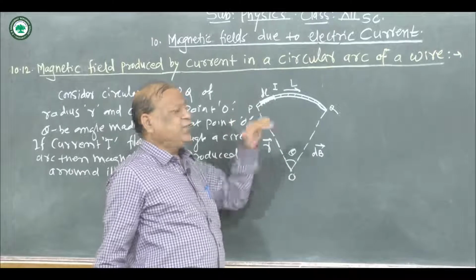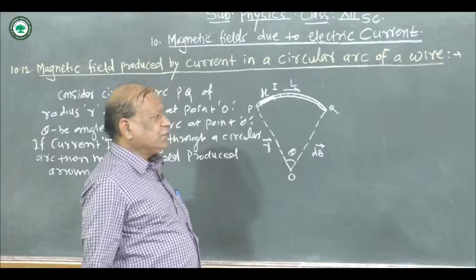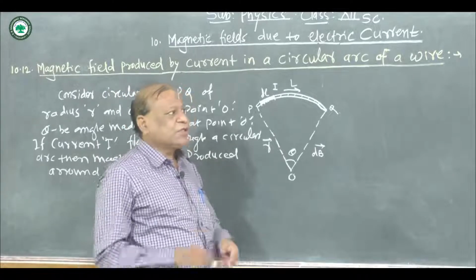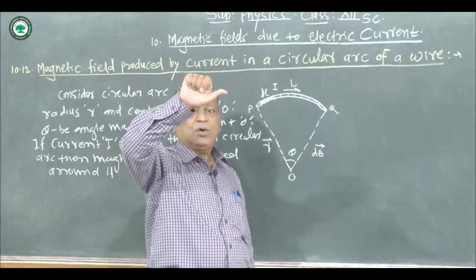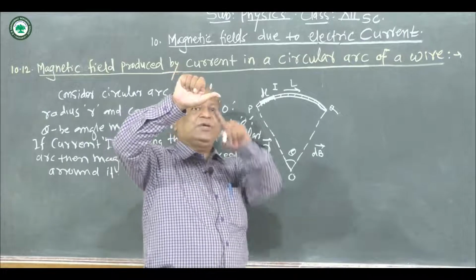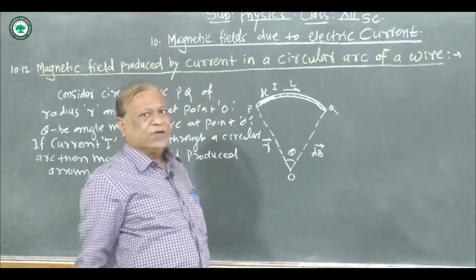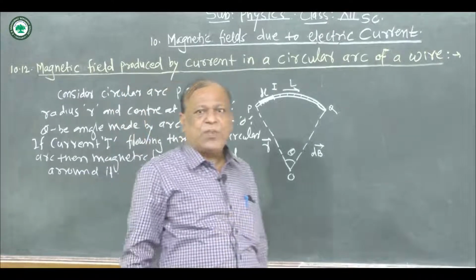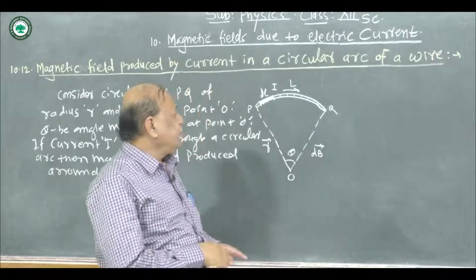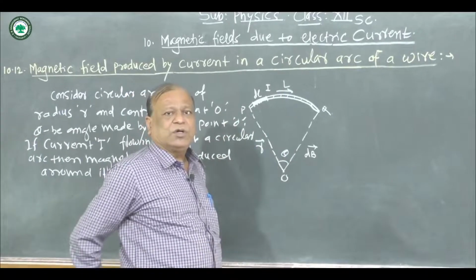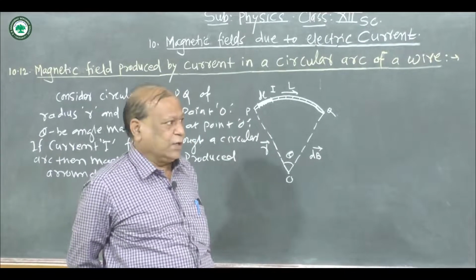This magnetic field is directed according to the right hand rule. The thumb indicates the direction of current and the curved fingers show the direction of magnetic field dB, which is perpendicular to the plane of the figure.